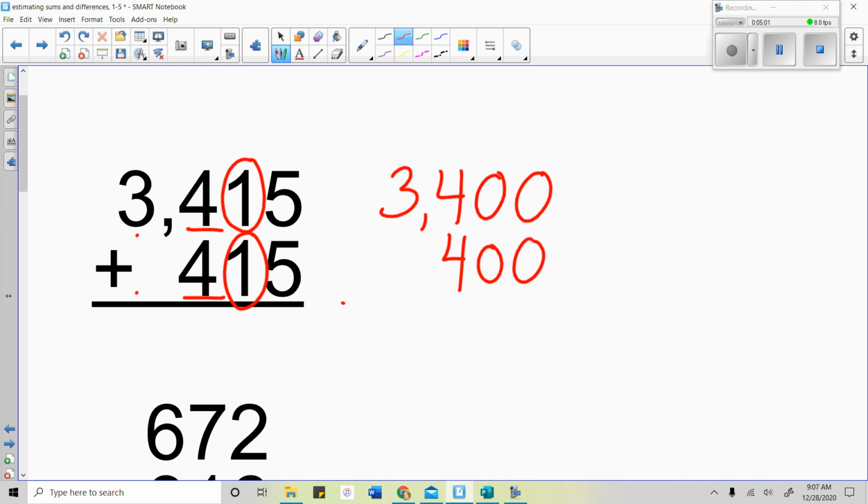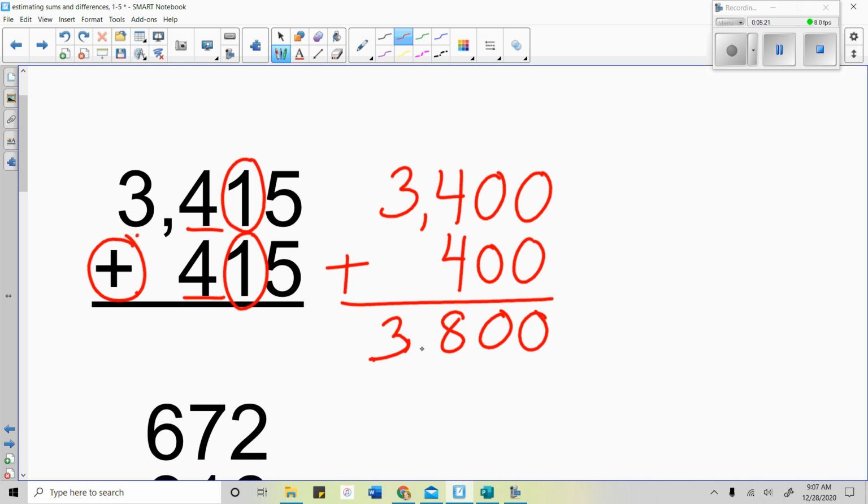Normally when you round these, they will have the same number of zeros. The only exception is if something has a 9 that rounds up to a 10, you would end up with an extra 0. Once I've rounded them, I look back at my sign. This is an addition sign, so I'm going to add these up, and I would get 3,800.